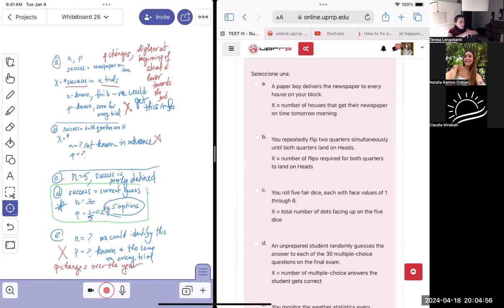We want the total count on the dice. We're not supposed to look at the total. We're supposed to look at each trial. That's the problem with that one. So poorly defined success per trial. D is the answer, and this one is no good because like A, E also changes, P changes. So as much as you didn't have a clue at the beginning, I think you get it now, or better idea.